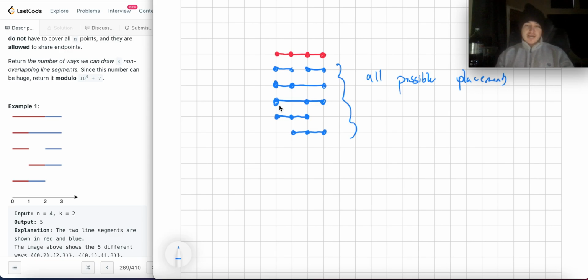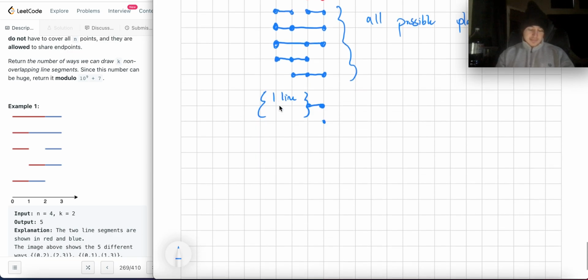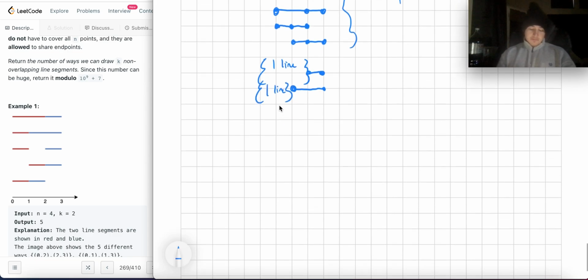If I have 2 lines I need to place, I can place the first line like this, and then for the remainder of the system, I have to put 1 line here. I could place the line like this, and then for the remainder of the system, I could put 1 line here. Or I could place the line like this, and then for the remainder I'd have 1 line here.